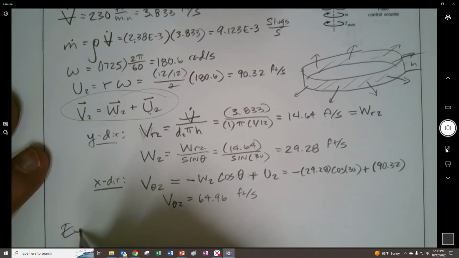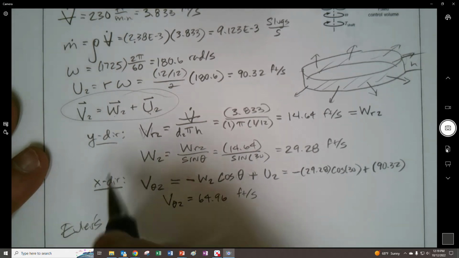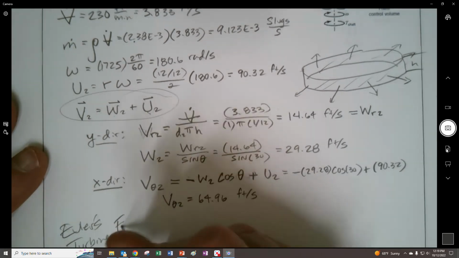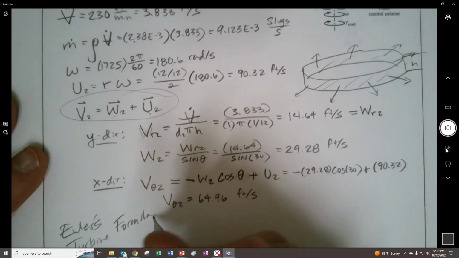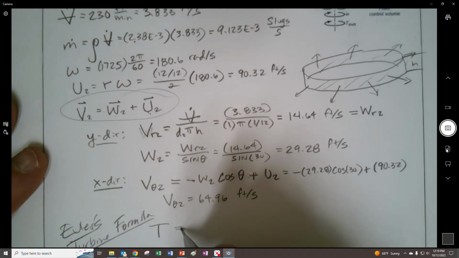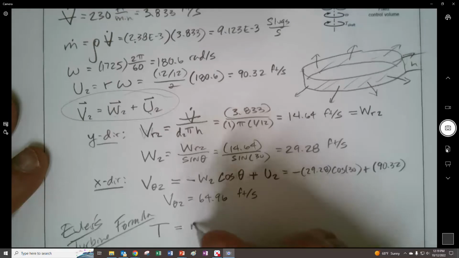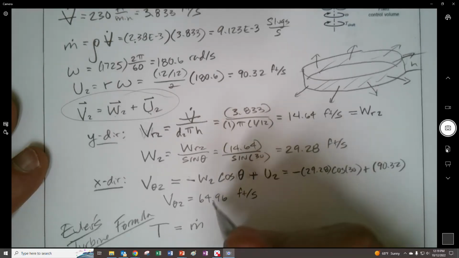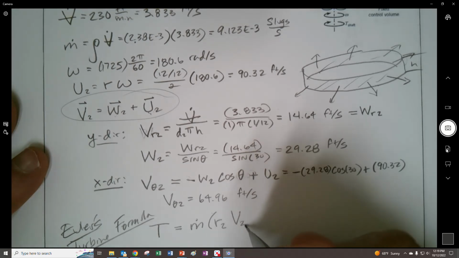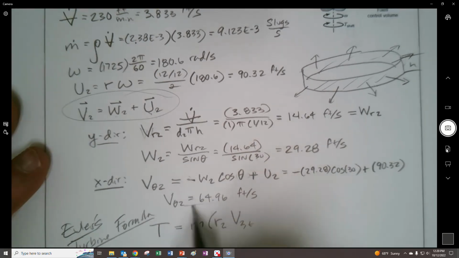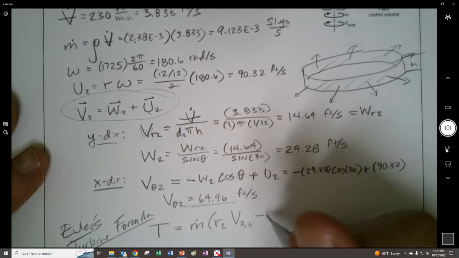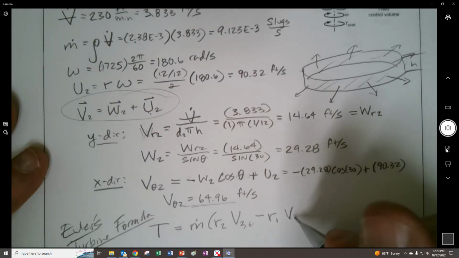So we can go to Euler's turbine formula. The torque, or the output torque, is going to be the mass flow times R2 times velocity 2 in the tangential direction, this guy right here, minus radius 1 times the velocity 1 in the tangential direction.